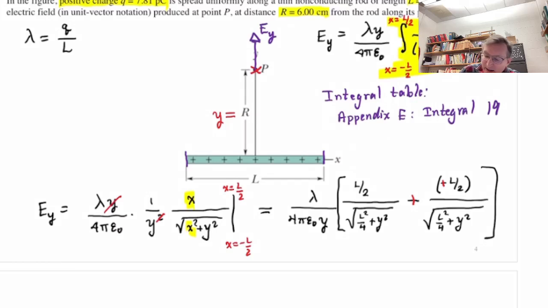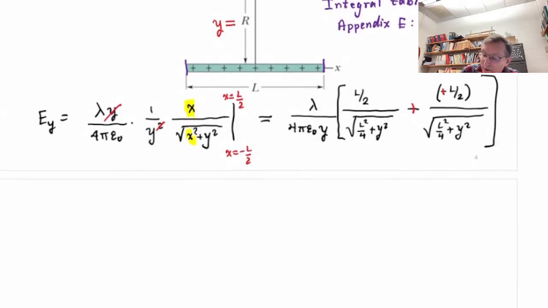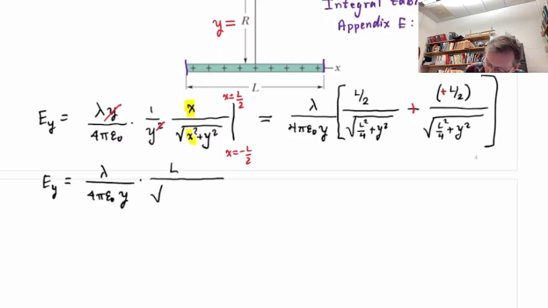And so it's pretty easy to just add those two fractions symbolically. Let's do that. Lambda over 4 pi epsilon 0 y. And what we'll have then is L over square root of L squared over 4 plus y squared. That's our E sub y.